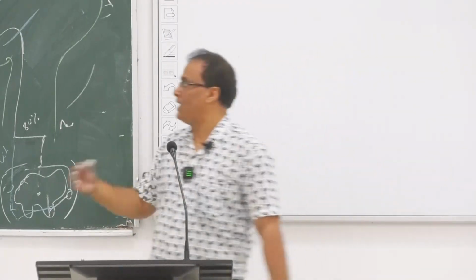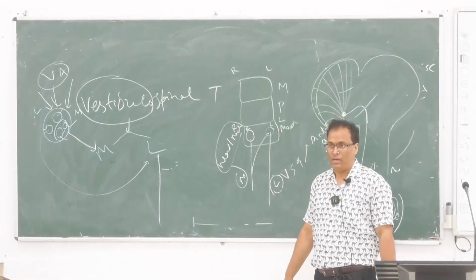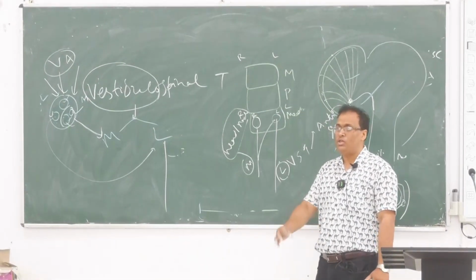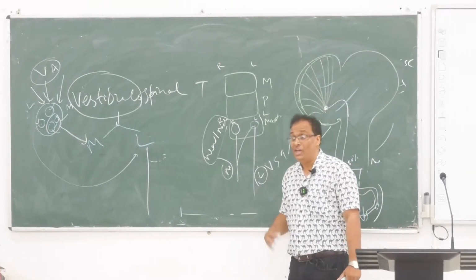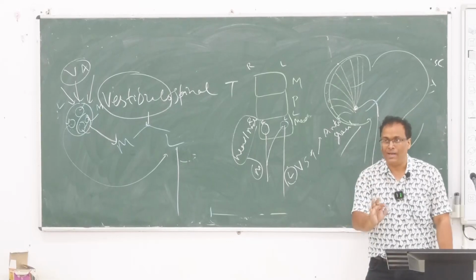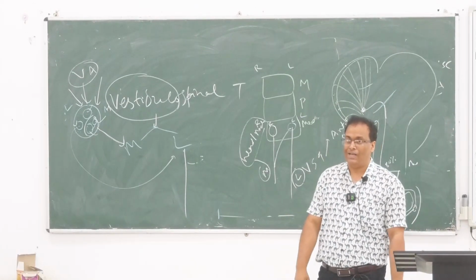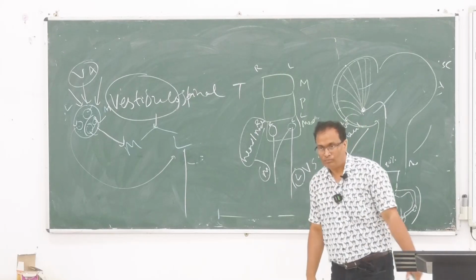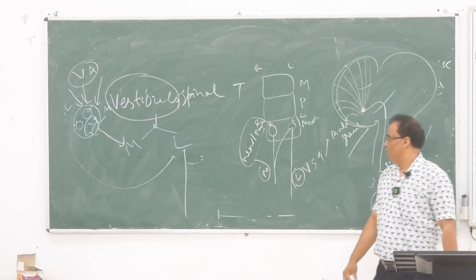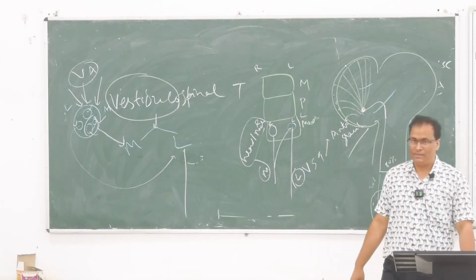Both side, right side থেকেও আসছে, আবার left side থেকেও আসছে। This is the exception, because we already told you that vestibulospinal and reticulospinal do not cross, but rubrospinal and tectospinal cross at the level of midbrain. তাই তো? আসছি পরে, if time permits. So these things are important for your balance.